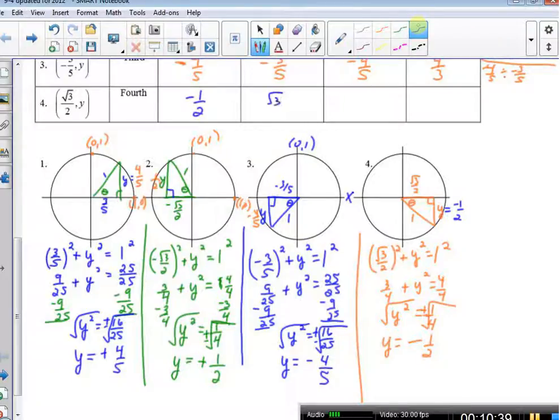Cosine of theta is the x coordinate, sine of theta was that y coordinate, and tan is equal to negative 1/2 divided by radical 3 over 2, which is negative 1/2 times 2 over radical 3. So we get negative 1 over radical 3, which is negative radical 3 over 3 when we rationalize. All right? So it seems like we're doing kind of the same thing over and over here. These triangles I've drawn are very important.